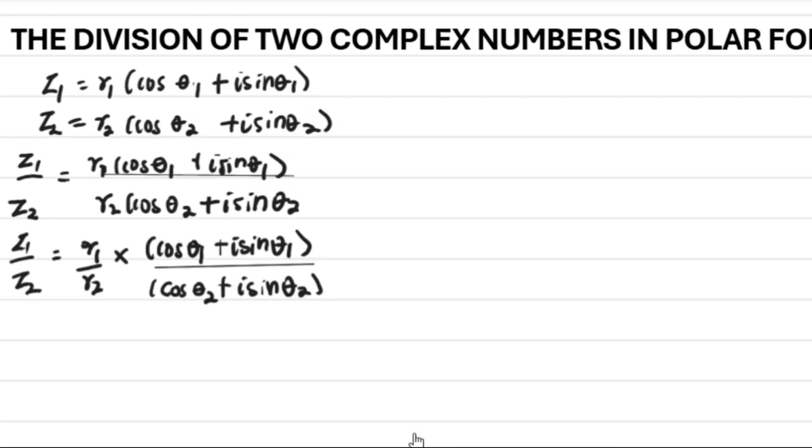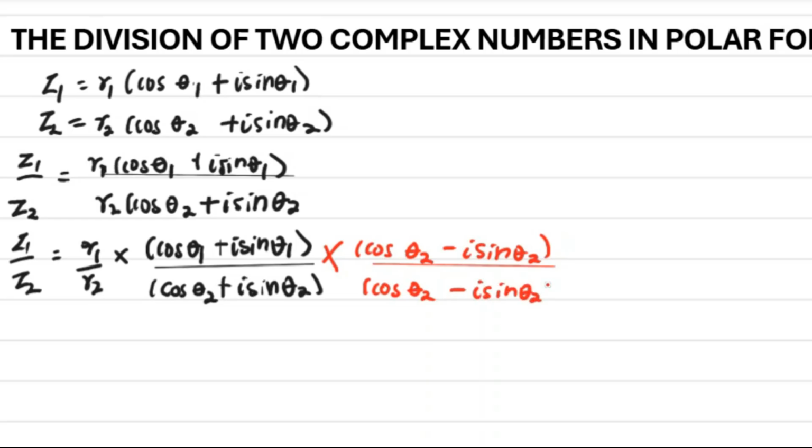If we rationalize here, this will be multiplied by conjugate of this, which is what? Cos theta 2 minus I sine theta 2. Everything is now being divided by the same thing, cos theta 2 minus I sine theta 2.